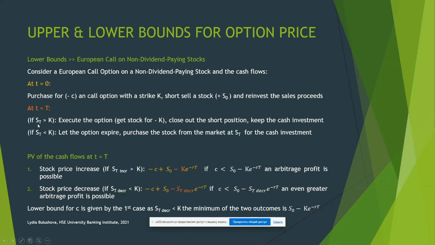If at time T it is 200, this is initial stock price minus 100 multiplied by the discount factor.